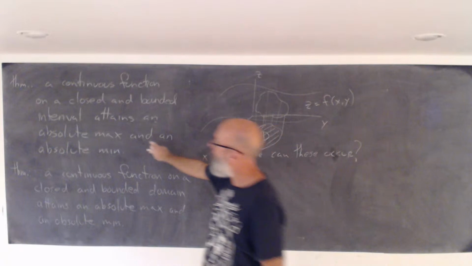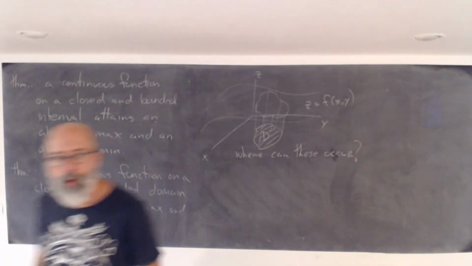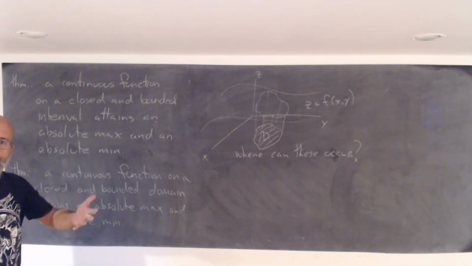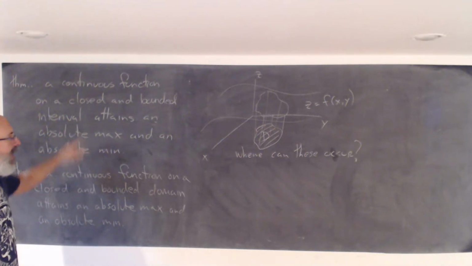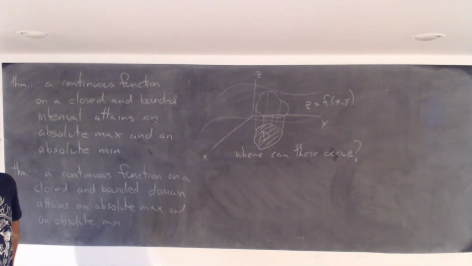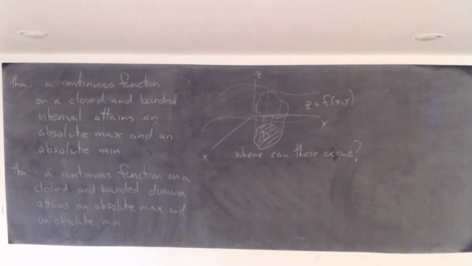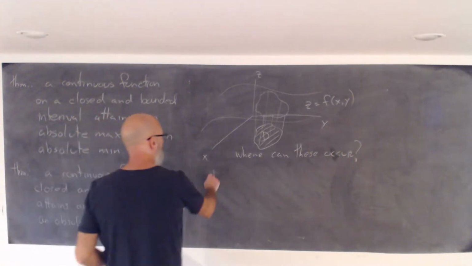In the Cal 1 case, they occurred where the derivative was 0, where the derivative did not exist, so at critical points, or at the endpoints of the interval. What about here? Theorem.